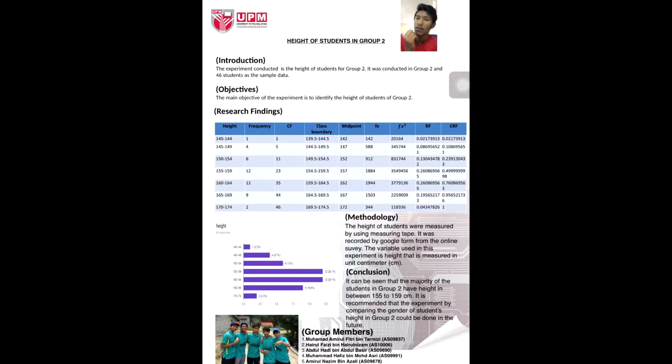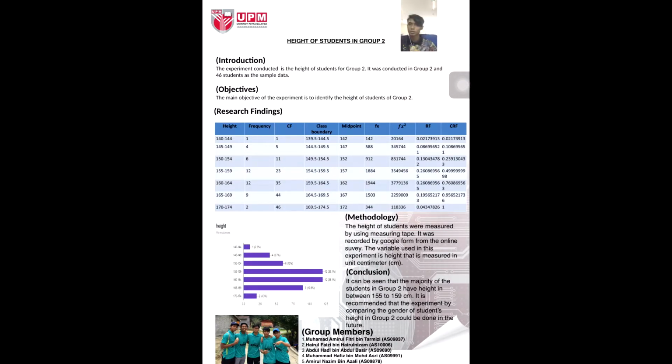The height of 160 to 164, the frequency is 12 and the CF is 35. The height for 165 to 169, the frequency is 9 and the CF is 44. And the last one is the height of 170 to 174, the frequency is 2 and the CF is 46.